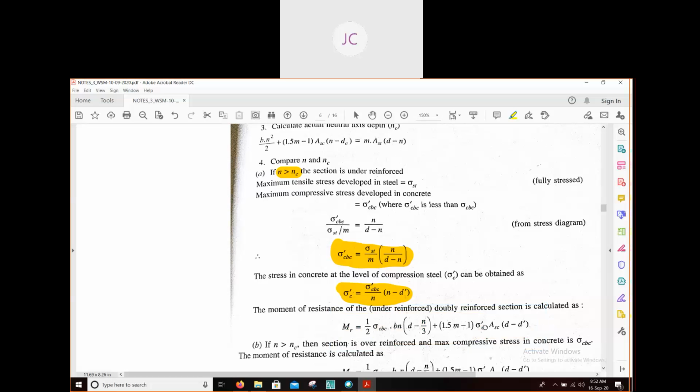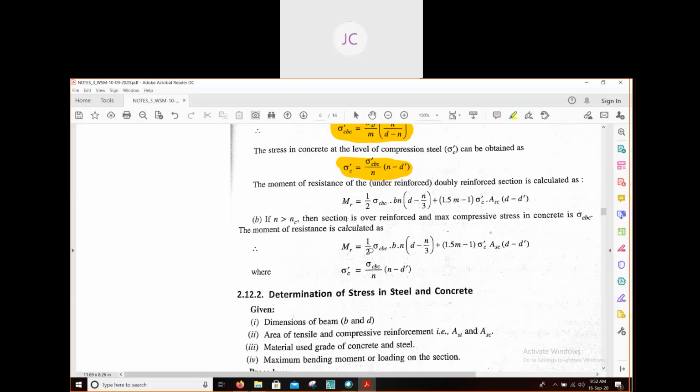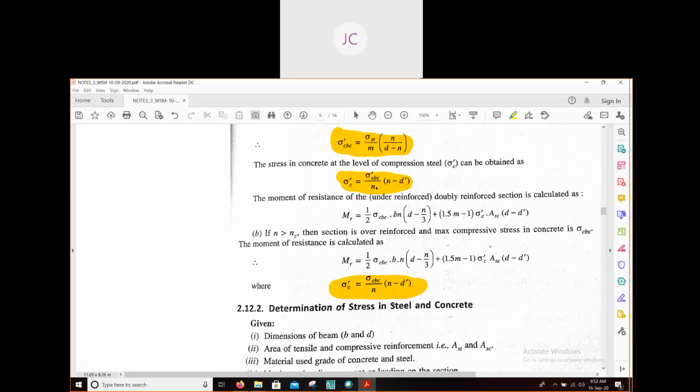The difference will be in calculating the value of sigma c dash in both cases. In under reinforced section the sigma dash cbc formula will be different, and the sigma c dash value will be this one. But in over reinforced section you can see here, the sigma c dash value will be different. You can compare the two equations.